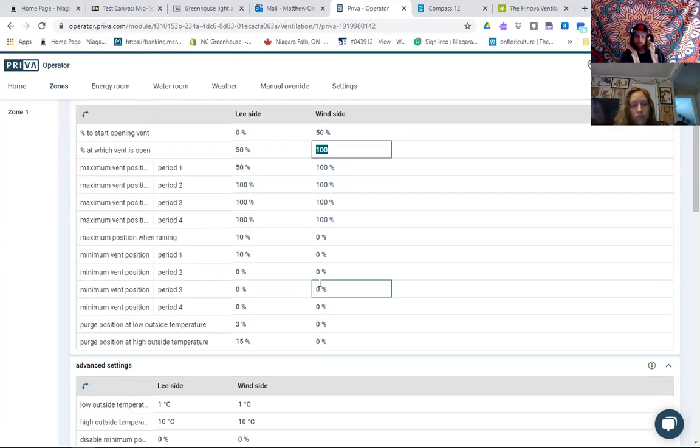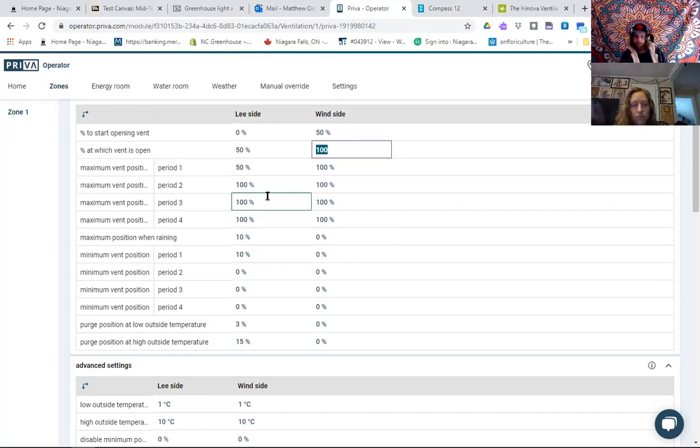Other vent settings that you should be concerned with. You can have minimum vent positions and maximum vent positions. Minimum vent positions would always keep the vent open at some point, right? So if it's warmer outside or for some reason you'd want some airflow all the time, you can set a minimum vent position of like 5 to 10%.